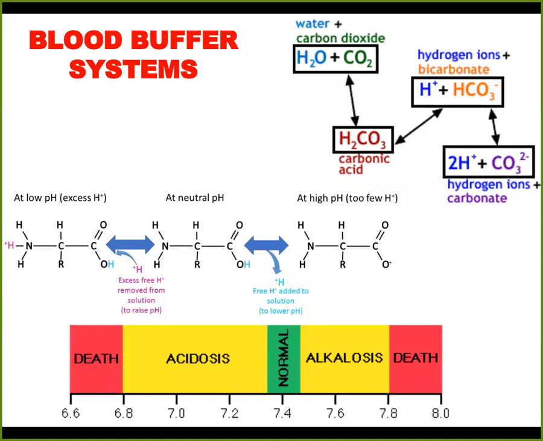These normal values range between 7.35 and 7.4, and both increasing and decreasing pH abnormally may lead to disorders, and very serious increase or decrease may lead to death.